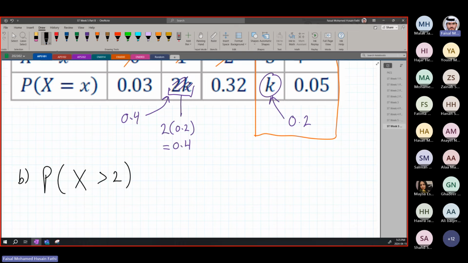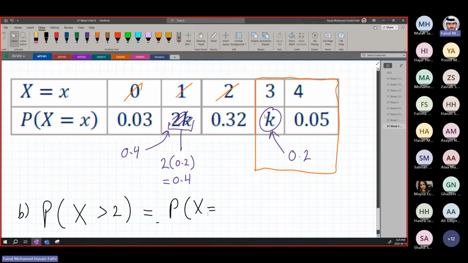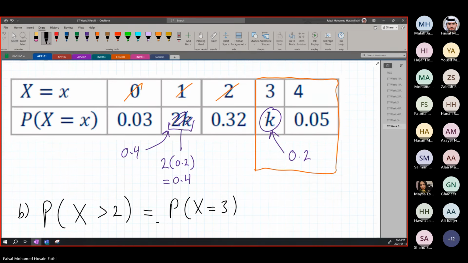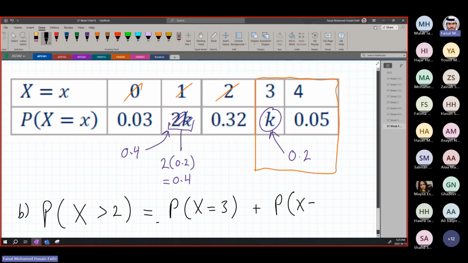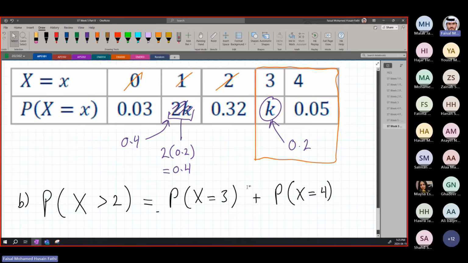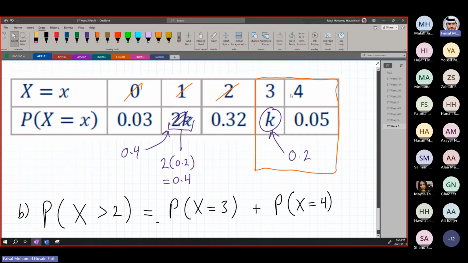This basically means this is going to be the probability of when x is equal to the values that are greater than 2, which is 3, plus the probability of when x is equal to 4. Why? Because we have 3 and 4, which are greater than 2, and we need to find their probabilities to find the answer.